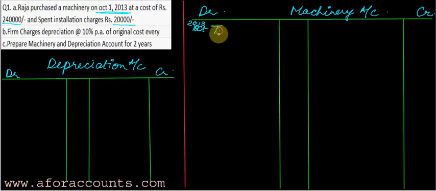Machinery account debit to bank, it is 2,40,000, and I have paid installation charges, so again to bank or cash, whatever, that is 20,000. So the total cost of my machinery is 2,60,000. Okay.